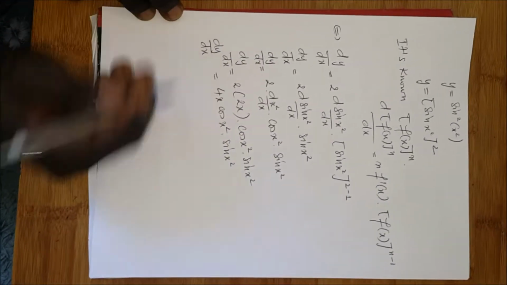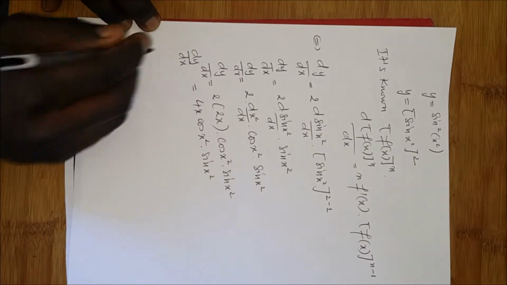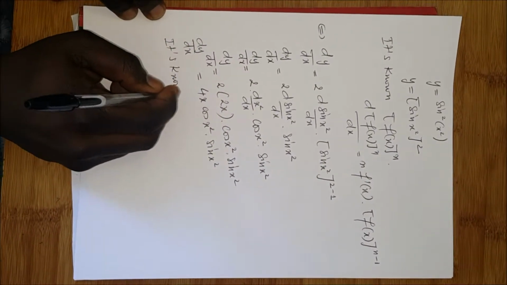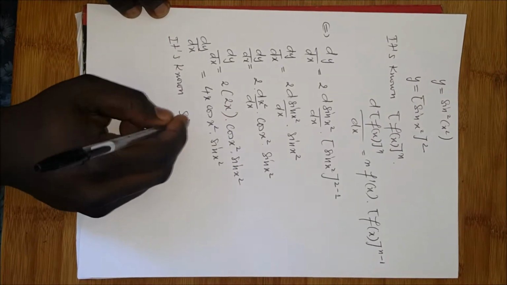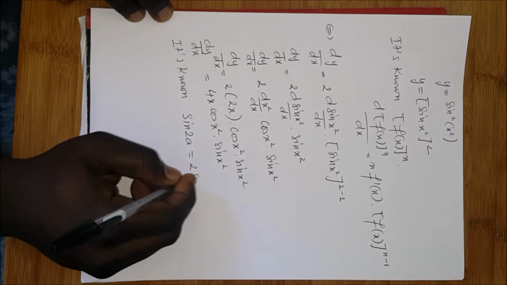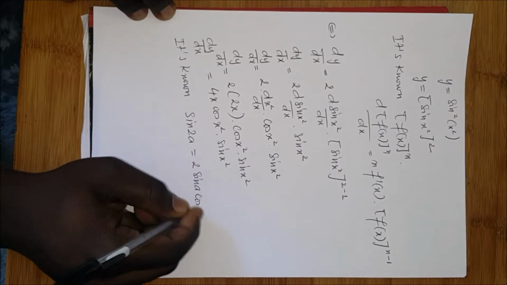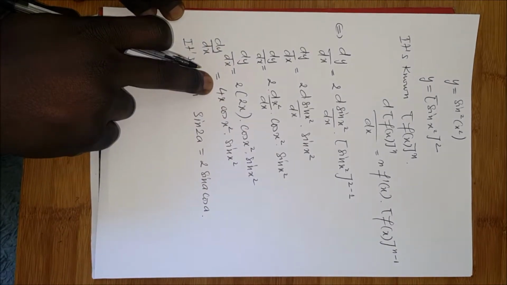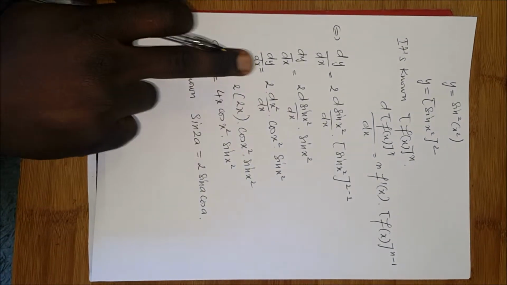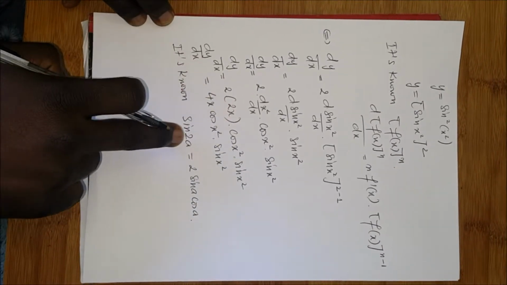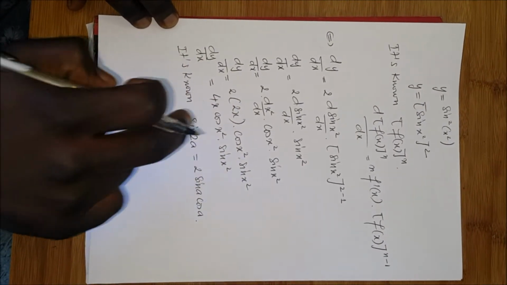But we also know from the trig identities that sin 2a, for example, is equal to 2 sin a cos a, right? When you see the differentiation of that function, you notice that we can actually identify the trig identities inside.